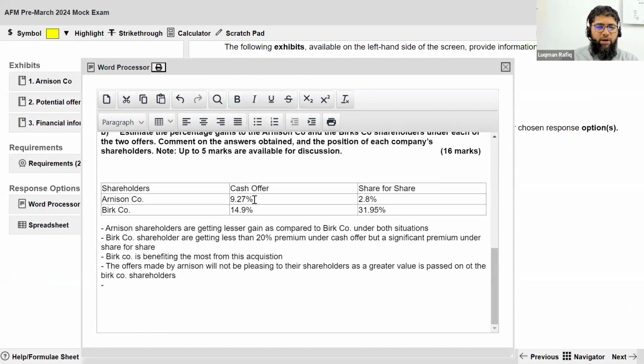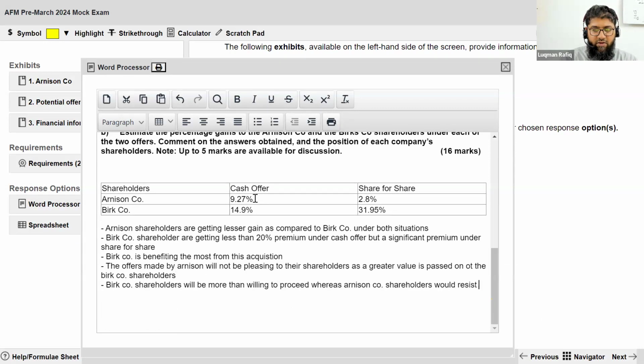Okay, now you would comment on this. Burke company shareholders will be more than willing to proceed, whereas Arneson company shareholders would resist a lot to proceed with these kinds of offers.